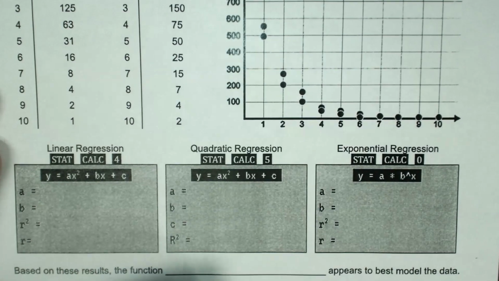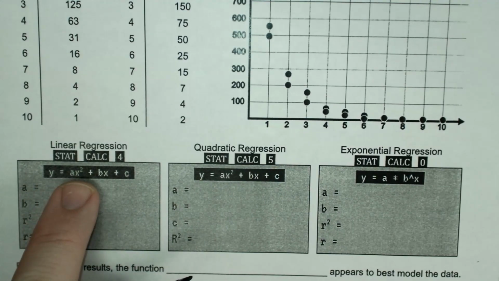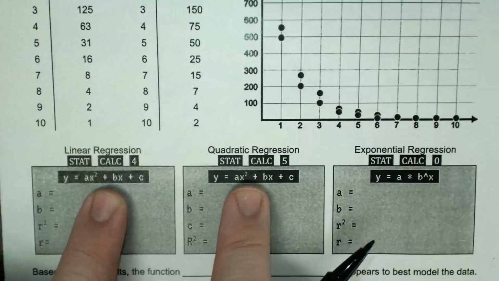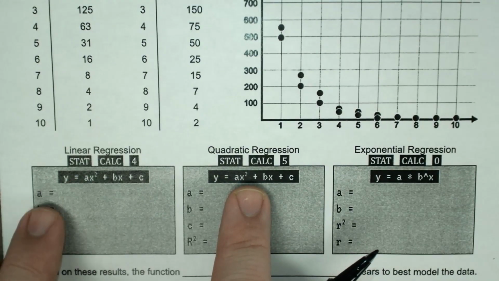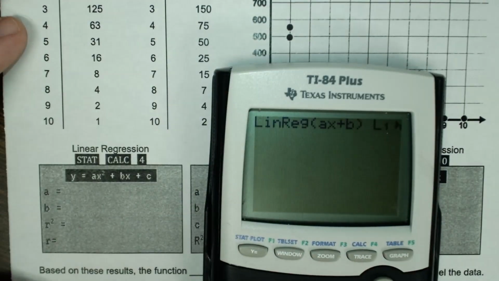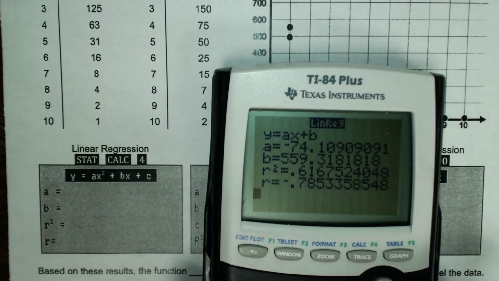I also just realized there's a typo on this paper. This should say y equals ax plus b, not ax squared plus bx plus c. I just copied and pasted this box over, but I forgot to change that. So, when it gets to this screen, it gives us a is about negative 74.1.